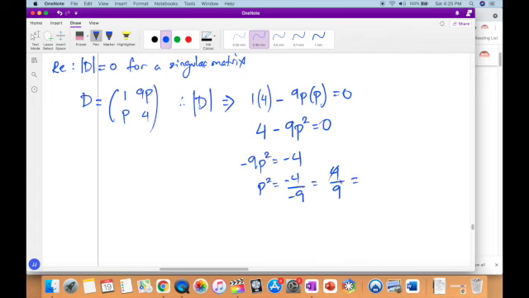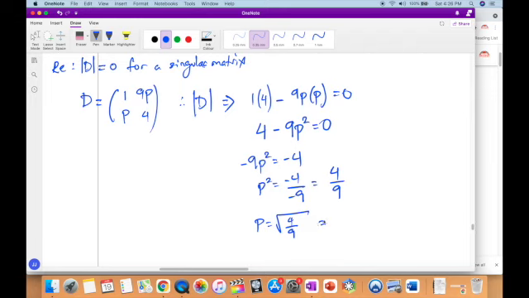Or I could say that 2 2s are 4. Can 9 go into 4? No, it can't. 4 on 9 is just 4 on 9. So now P, and you notice how cheeky it is with that little S. P is equal to the square root of 4 on 9.